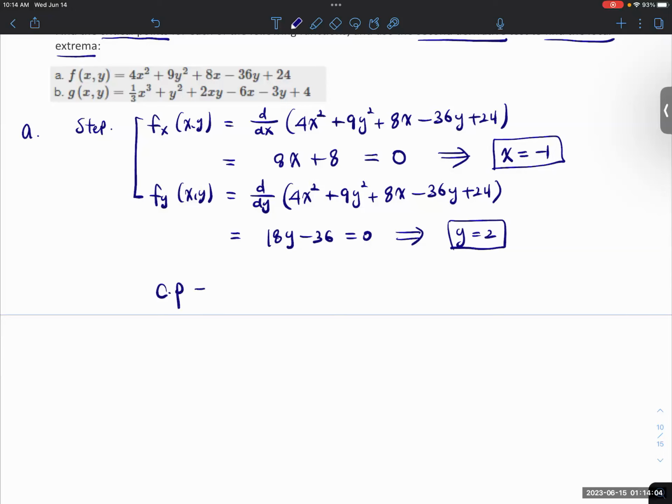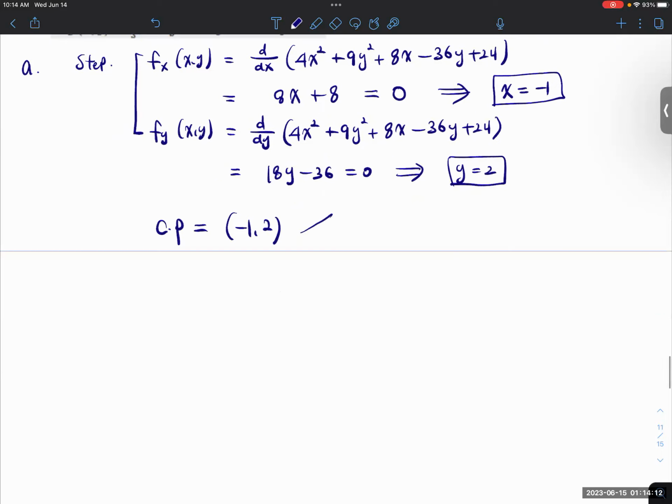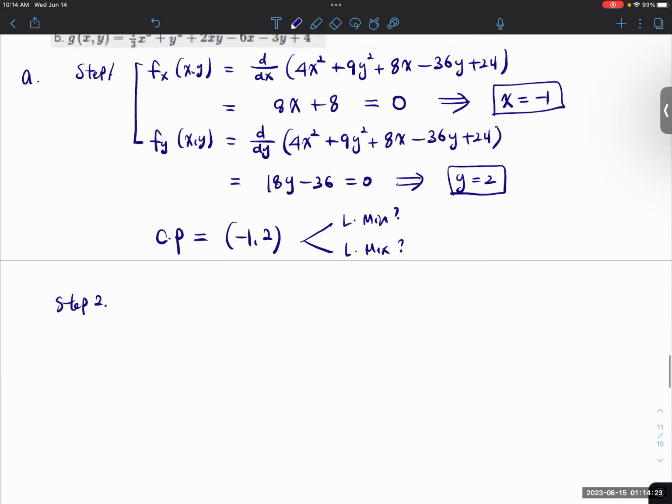So the critical point of this function is at negative 1, 2, but I don't know whether it is going to be a local max or a local min. So let's do step 2. Step 2, what happened? Second partial derivative.